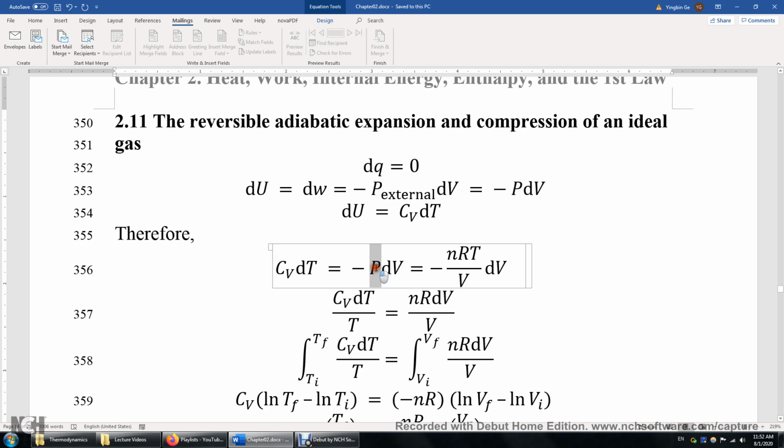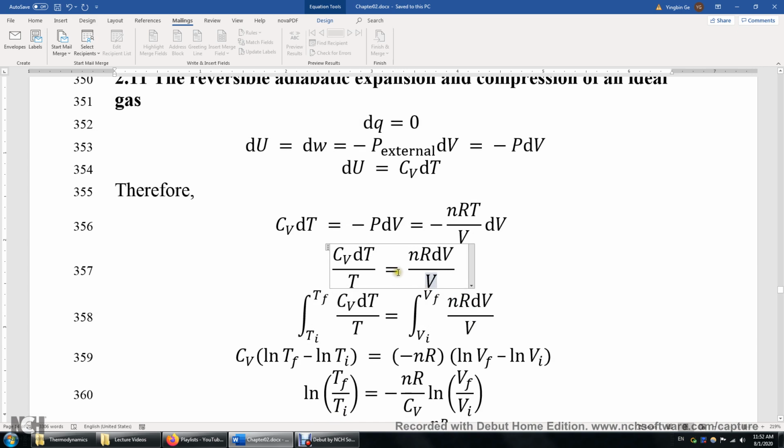We have to rewrite the pressure as nRT over V. Again, you see there are two variables, temperature and volume, in the equation. Now, separation of variables is extremely important. So we move all the T's to one side and all the V's to the other side, and then we get this nice equation here.